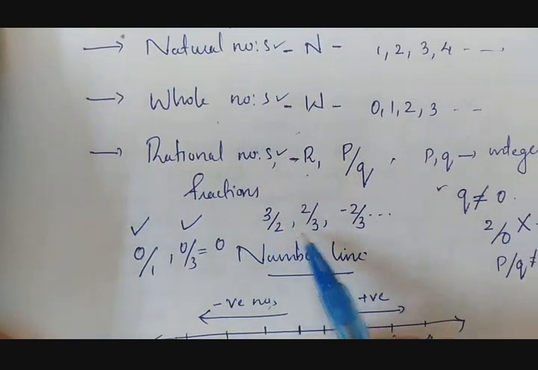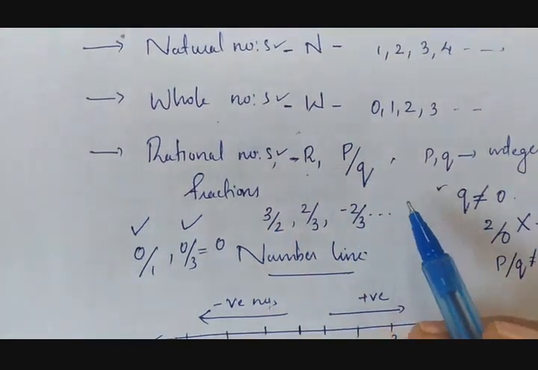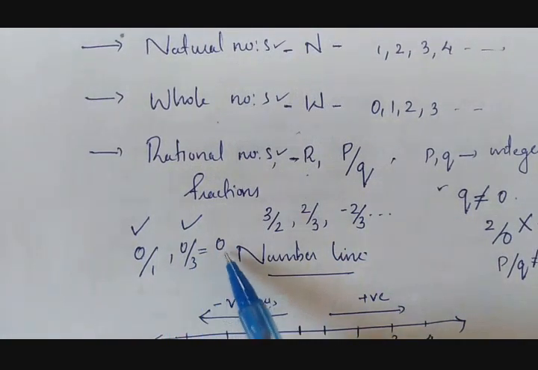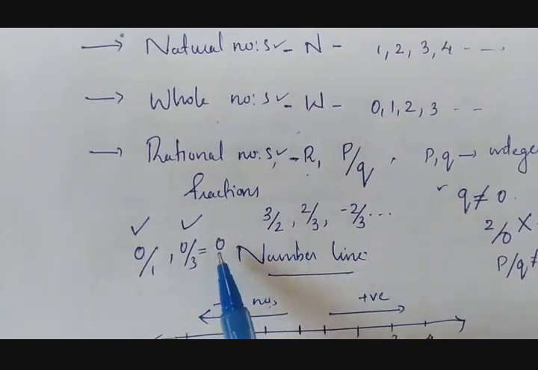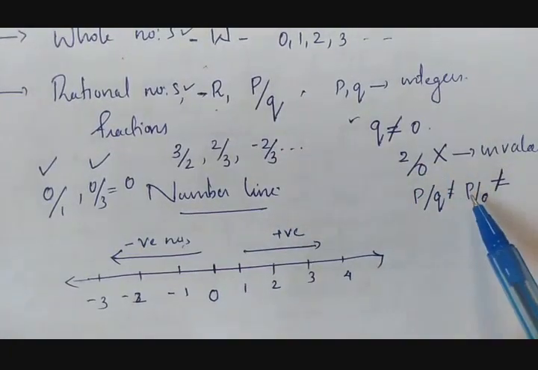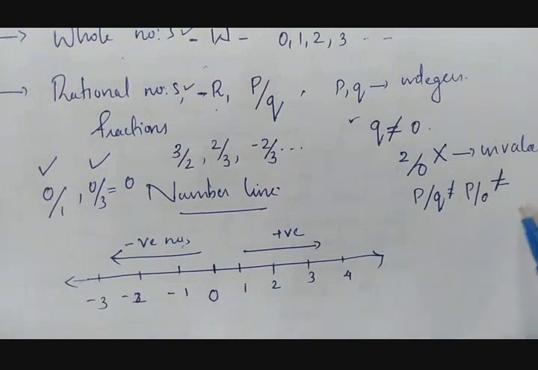Examples are 3 by 2, 2 by 3, minus 2 by 3, etc. But 0 by 1 and 0 by 3 or 0 divided by any other integer is equal to 0. But any integer divided by 0 is not a valid operation.